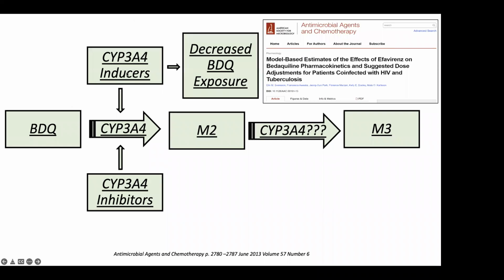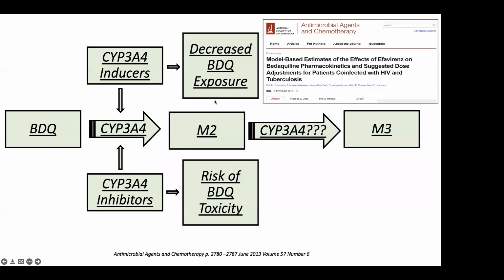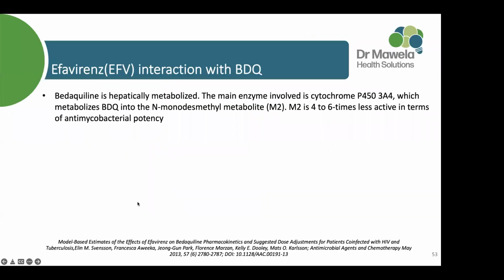If it's taken with a liver enzyme inducer, you get reduced blood levels, and therefore your patient might fail their TB treatment. If it's taken with a liver enzyme inhibitor, you get increased bedaquiline toxicity, because the enzymes that are supposed to metabolize bedaquiline are slowed down by an inhibitor.